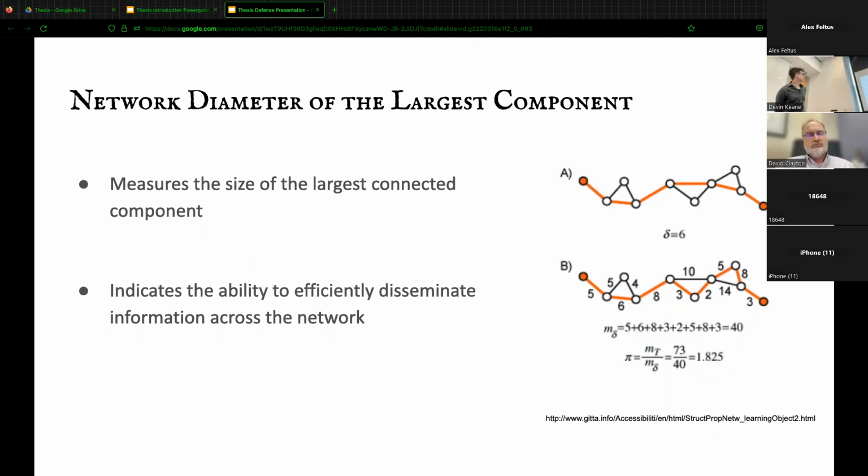Now, there's this other metric called network diameter of the largest component. That's the next thing that the program measures. I forgot to explain earlier what a largest component is. On any of these graphs, you may have 2 components of edges and nodes that are disconnected from one another.